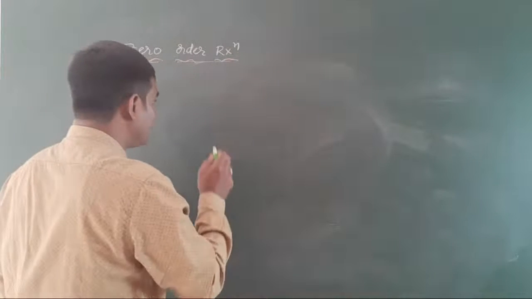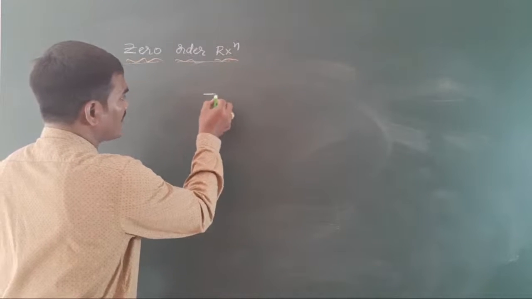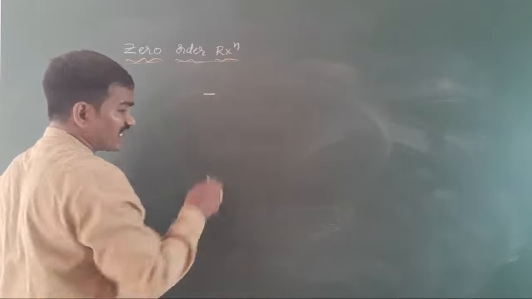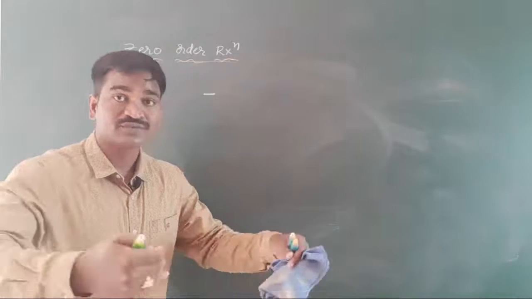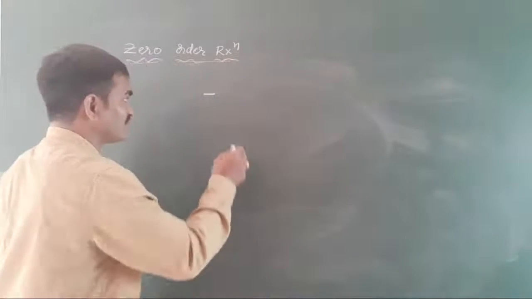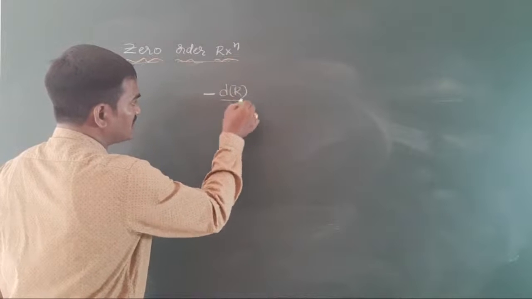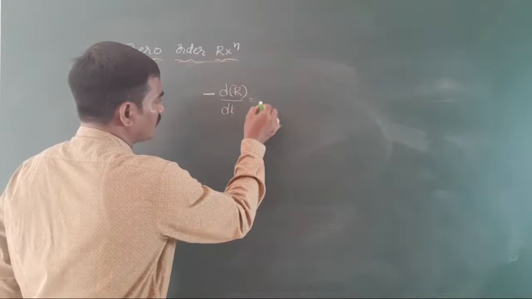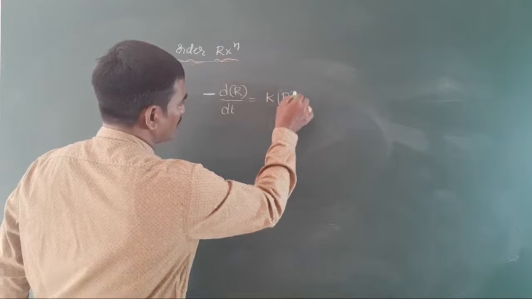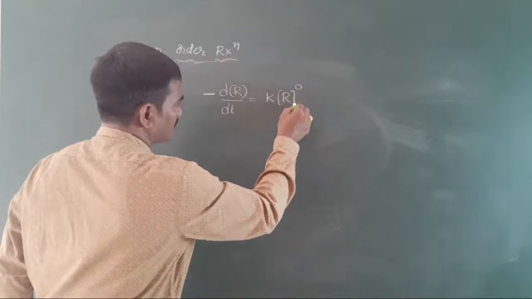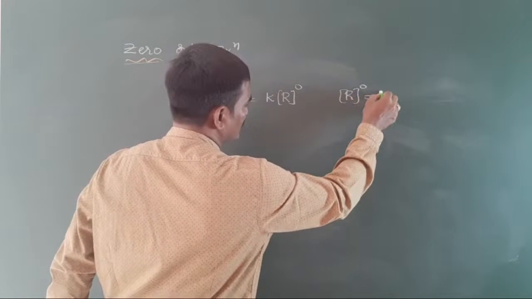If you want to get the integrated rate equation for zero order, what do we have to do? I am going to integrate the differential rate equation. Here you see, minus dR by dt is equal to k into R to the power 0. You all know very well R to the power 0 is equal to 1.